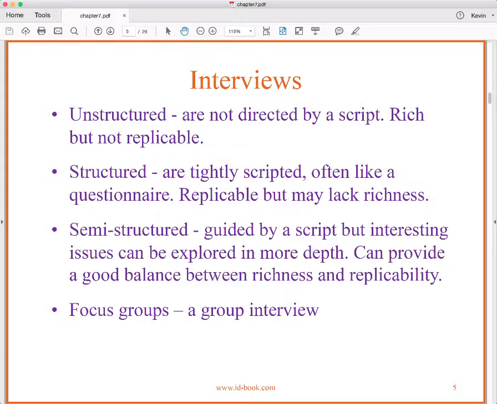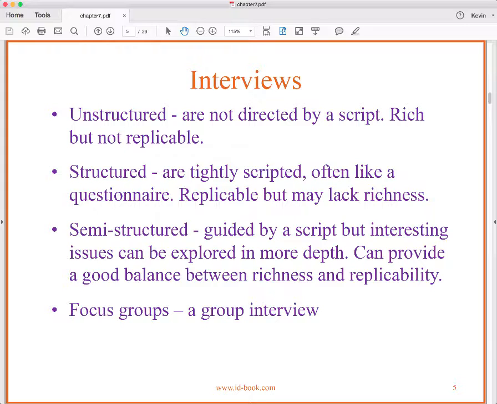It's a rich experience, but it's not something we're going to be able to replicate. So unstructured interviews are great as a way to maybe gather preliminary information at the beginning of your research or your project.